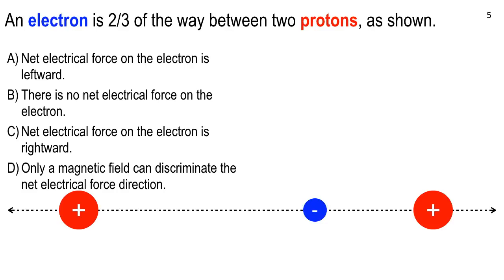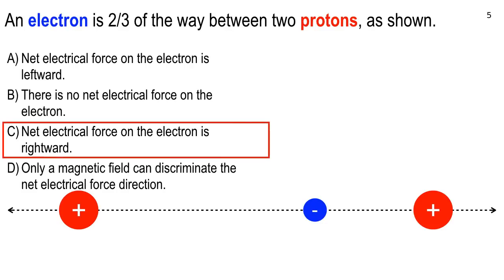Okay, 10 seconds to vote. 10, 9, 8, 7, 6, 5, 4, 3, 2, 1, 0. Okay, 187 people answered that one. Let me check to see what you guys voted for. Nice. Good. Most of you got that one correct.